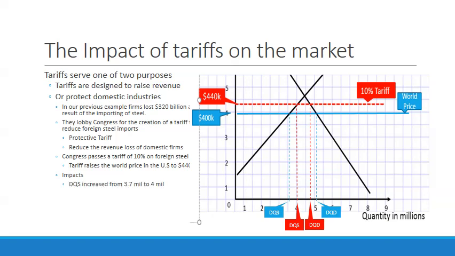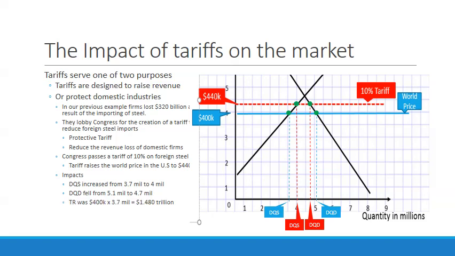The domestic quantity supplied increased from 3.7 million to 4 million there. So you can see a 300,000 unit increase in those two green dots. Now, domestic quantity demanded fell from 5.1 to 4.7. So the supply went up, demand went down.